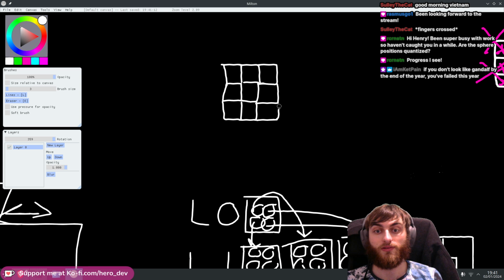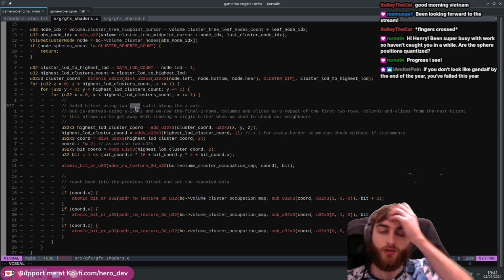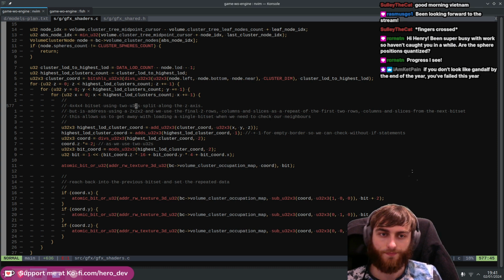So it is a bit set. Because it's a bit set, you need to check all of these bits around you and not this one. You have to use 32-bit integers on GPU, but technically you could pretend it's a 64-bit integer, and that way you'll get a 4x4x4 bit set.